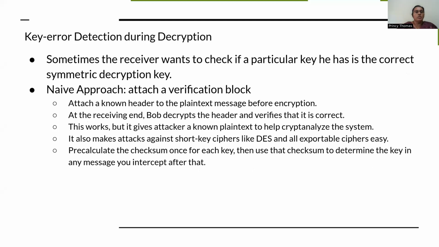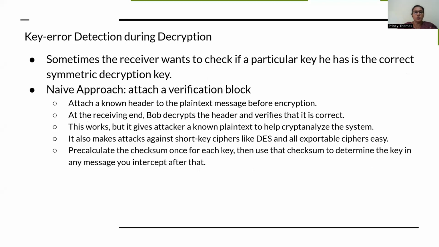Now, key error detection during decryption. We want to ensure that the decrypting key is correct. The naive approach is to attach a verification block, a known header, to the plain text before encryption. At the receiving end, Bob decrypts the header and verifies that it is correct.